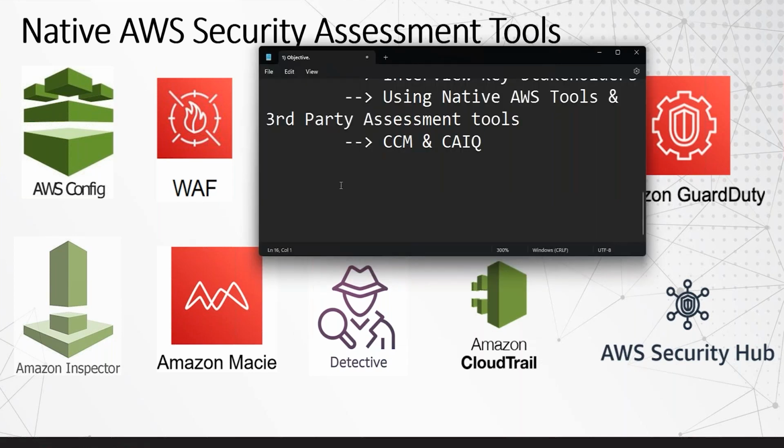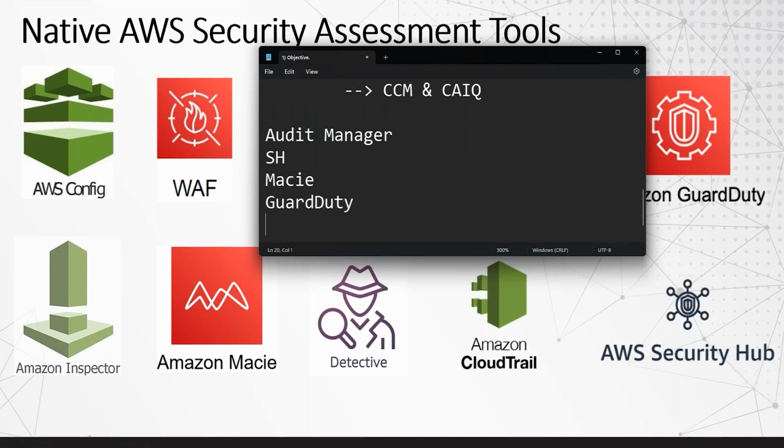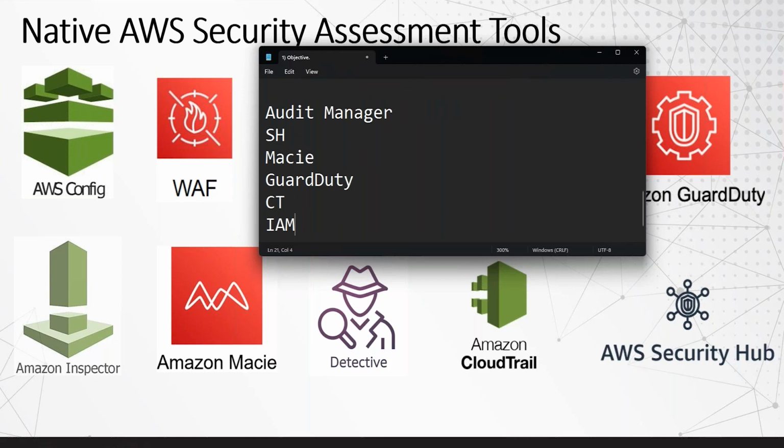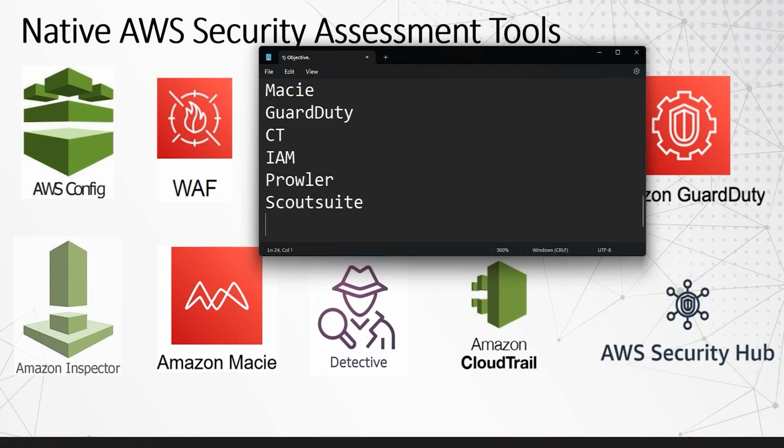We'll go through AWS Audit Manager, then Security Hub, then Macie and GuardDuty, then CloudTrail and IAM Access Analyzer, then Prowler and Scout Suite, and let's see what else we can add.